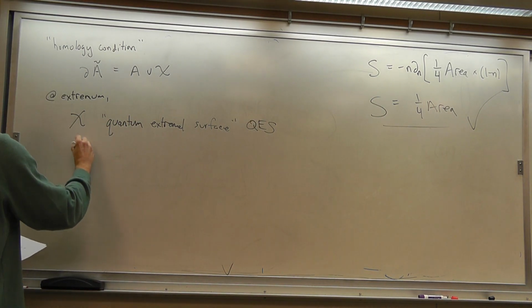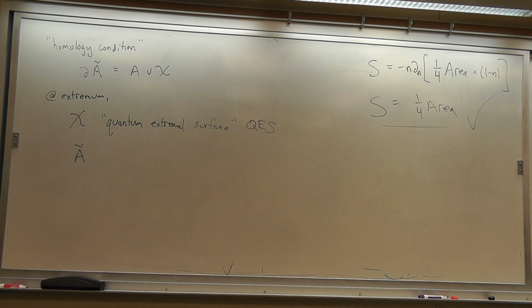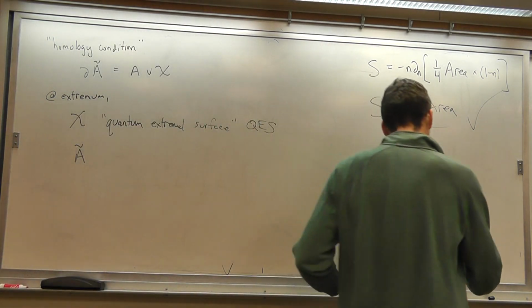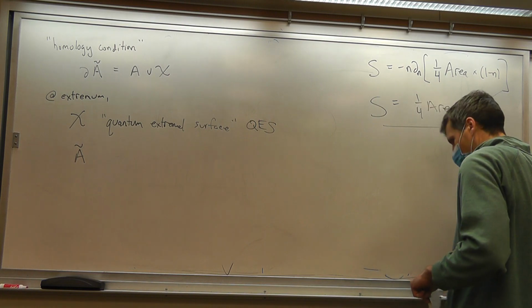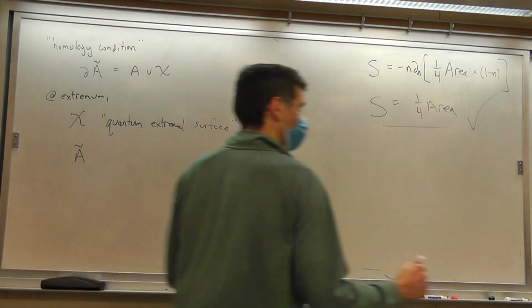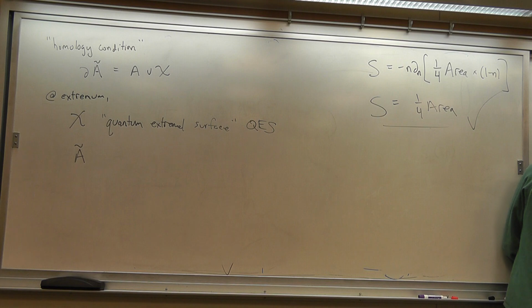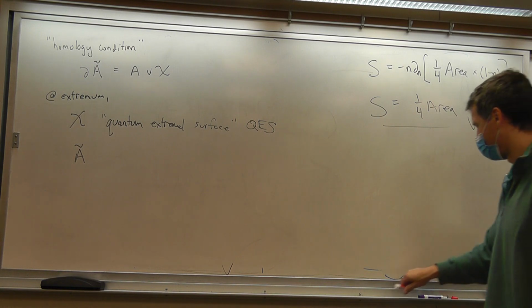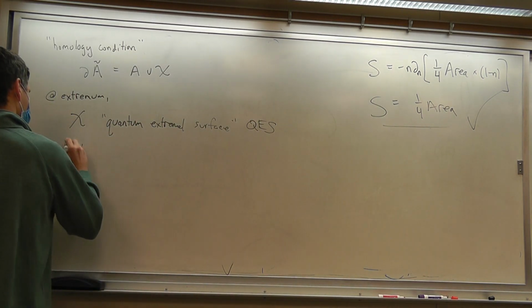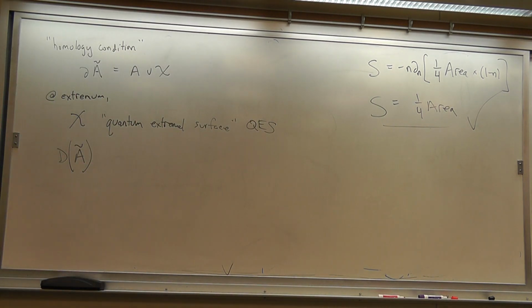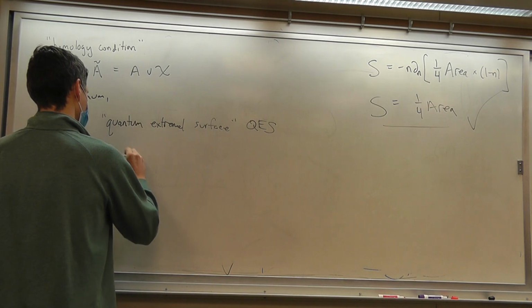And A tilde, not just A tilde, but in fact the causal development of A tilde, which I'll write with a D. The causal diamond associated to A tilde is called the entanglement wedge.